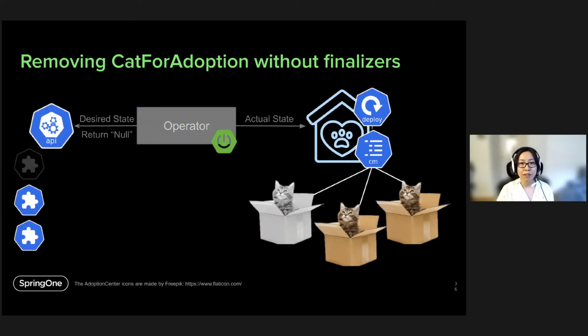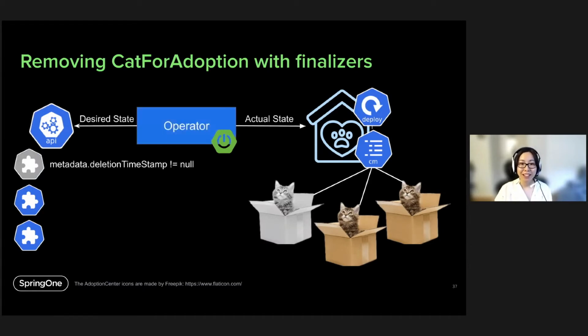Moreover, what if the operator is temporarily offline when that happens? The deletion would be done, and the operator was not watching, so it won't even receive a delete event. The newly started operator wouldn't even know that the cat ever existed. That's sad, isn't it?